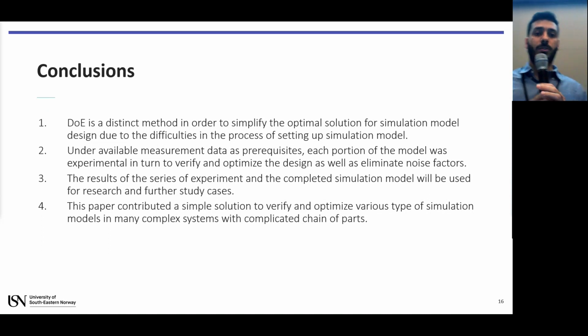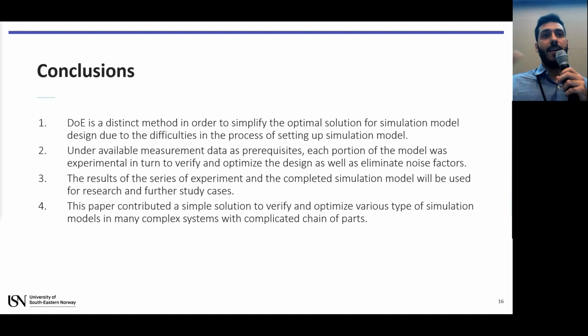Of course, we saw that the simulation could be used to validate the data that was presented. And this paper also contributed a simple solution to verify and optimize these various types of simulation models in complex systems, which are hydropower plants, which are also multi-domain models.